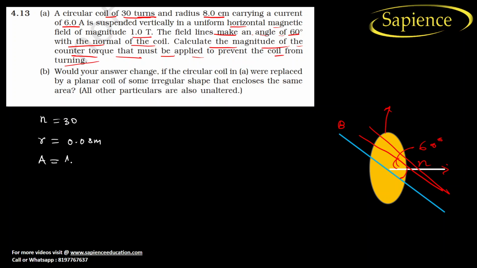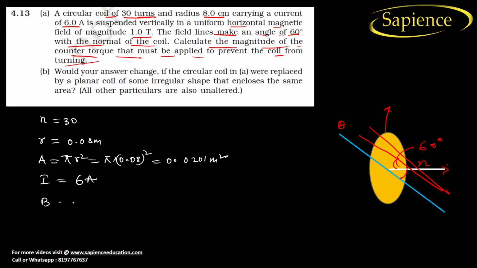If you want to find out the area of the coil, this will be pi r square, so pi into 0.08 whole square. If you calculate it, it will come like 0.0201 meter square, right? Now the current I is equal to 6 ampere, right?